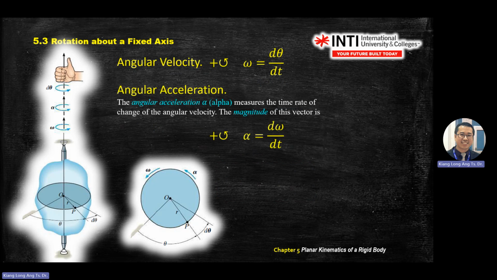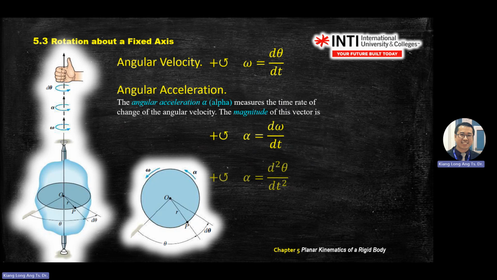Acceleration is still the same. Acceleration is the time differential of velocity, dv dt. But now we are in a rigid body, so change the word acceleration into angular. Just change the velocity into omega, d omega over dt equal to alpha. Again, following right-hand rules, anti-clockwise positive.